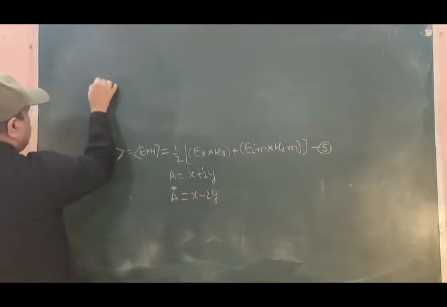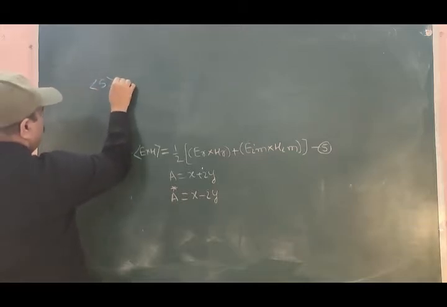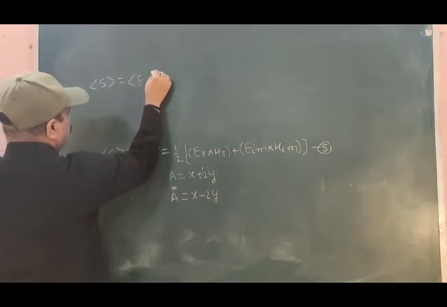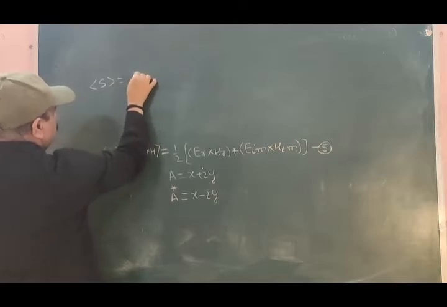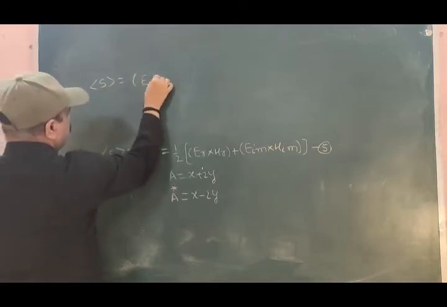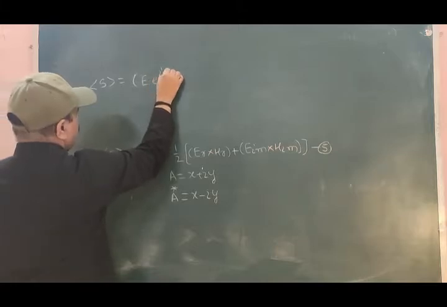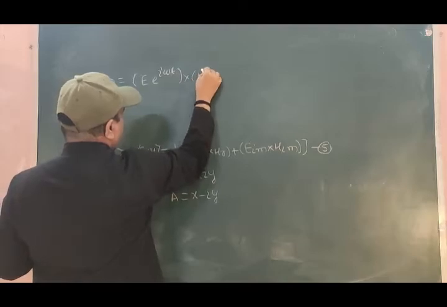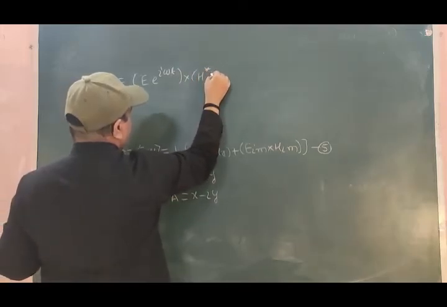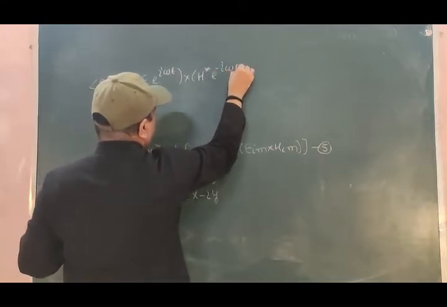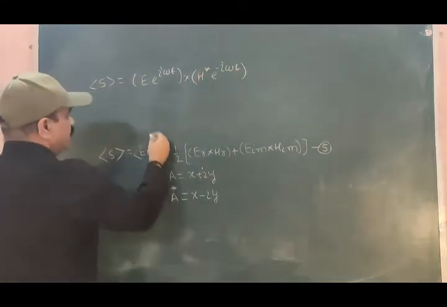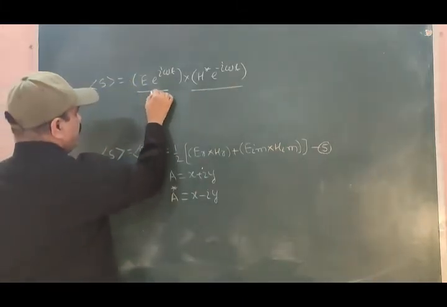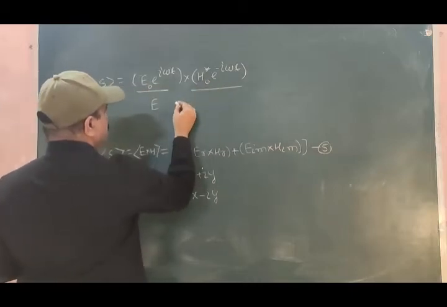Let me put this S as E cross H, or you can write this side 0, this side 0.